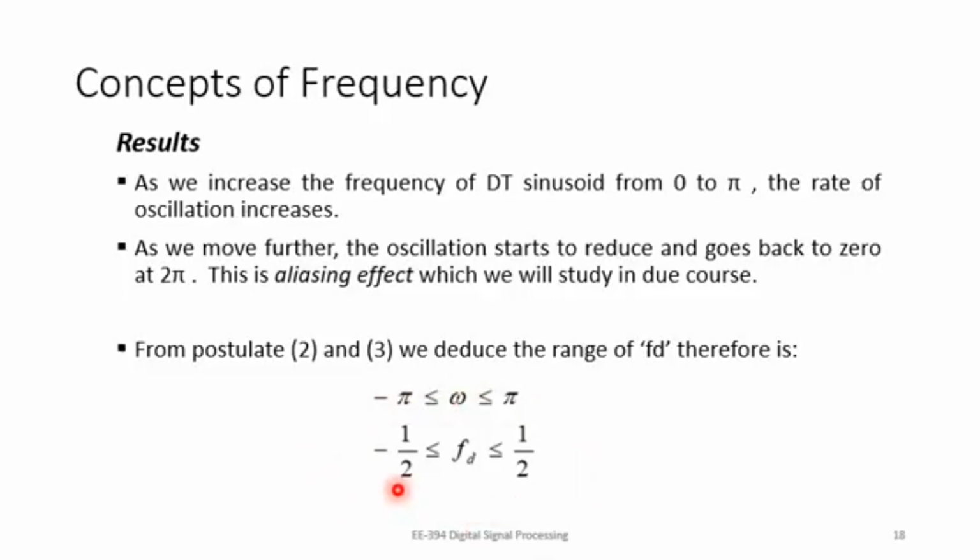So whenever we work with discrete time sinusoids, we will limit ourselves to this frequency range where FD is minus half to plus half, and in terms of omega, this will be minus pi to plus pi because omega is equal to 2 pi FD. Now, I'm sure there are questions as to why we are sticking to these rules.